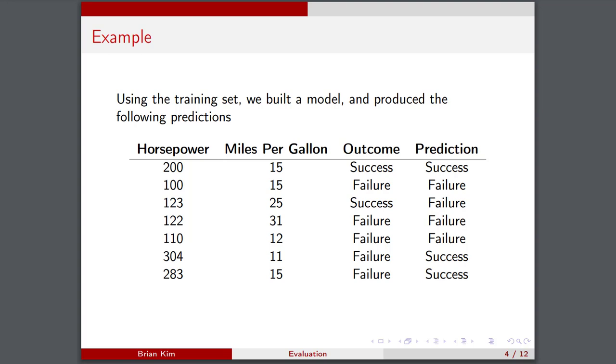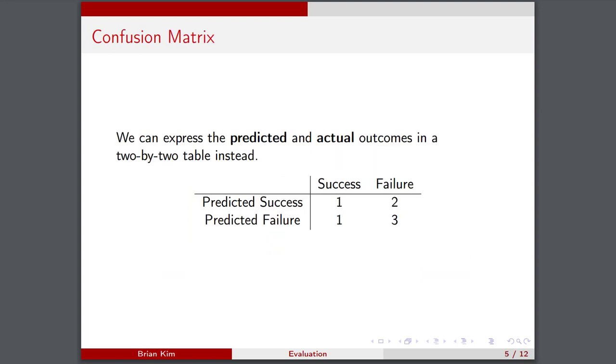And so let's put this into a table. Now, this is what's called a confusion matrix. Basically, this is a matrix that shows how confused the computer or the machine learning model is at predicting successes and failures. Right? So we have predicted success and failure and then actual success and failure.